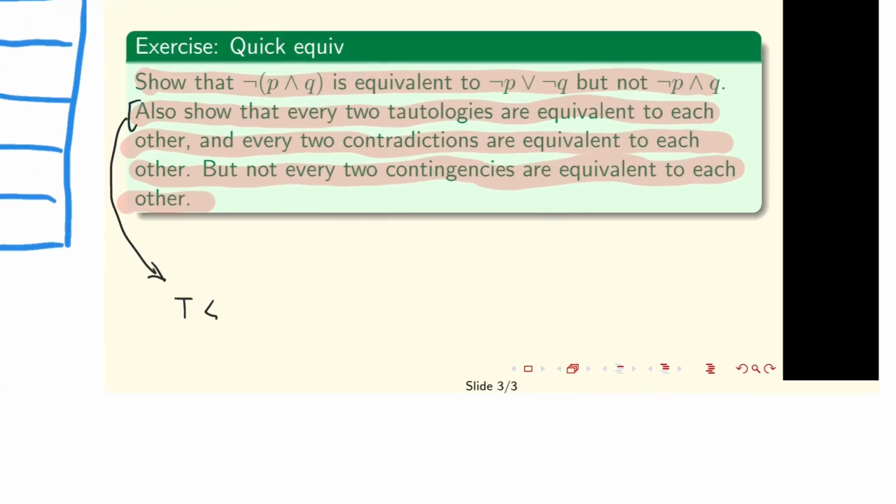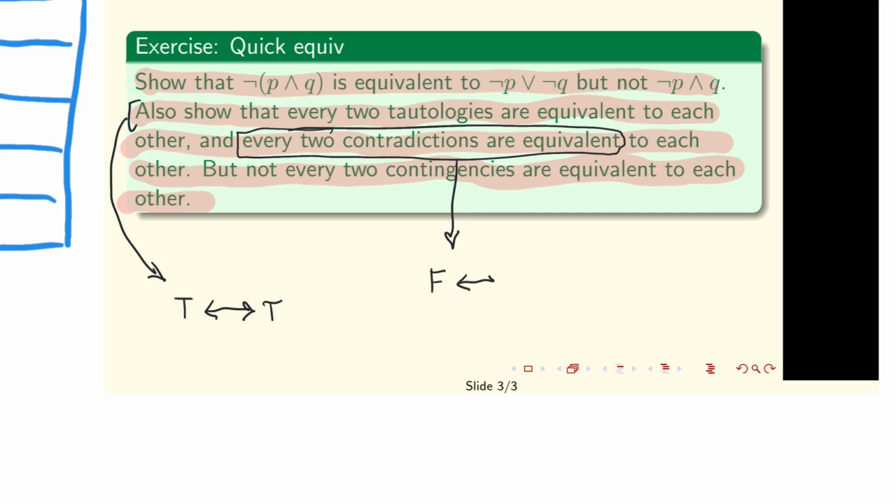Here we're going to give a quick argument that every two tautologies are equivalent to each other, and every two contradictions are equivalent to each other. What you see here is a quick demonstration of what's going to happen at every row of two tautologies.